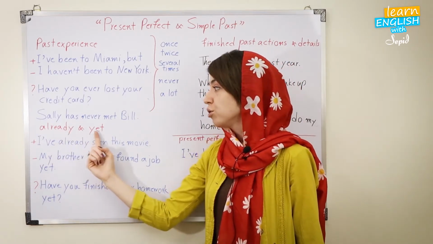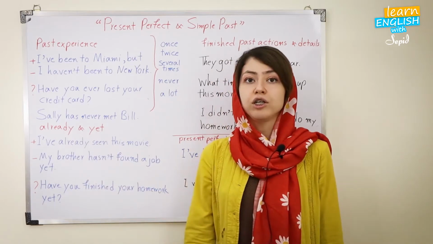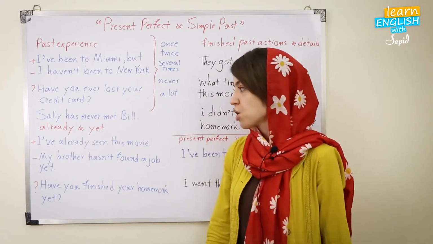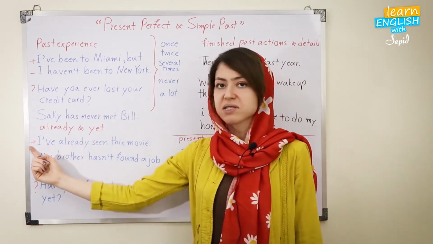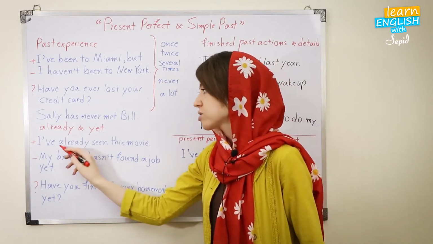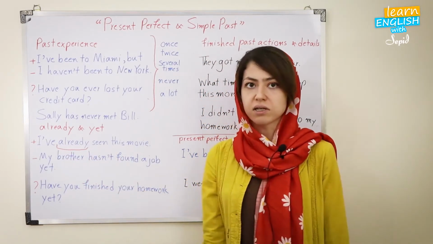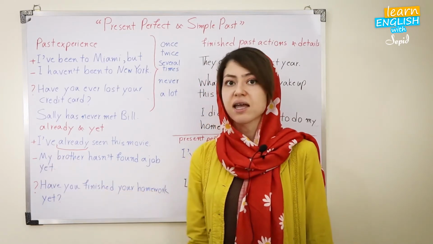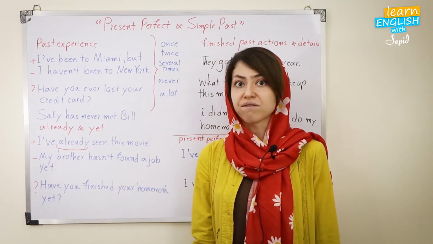These are two words that are used in present perfect sentences. In positive sentences, we can use already. Okay, so already is used in positive sentences like I've. I've is the contraction for I have.